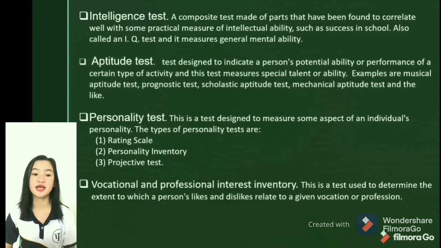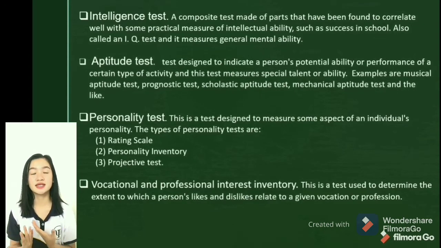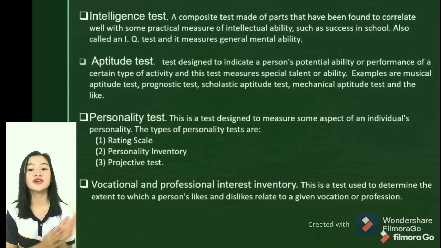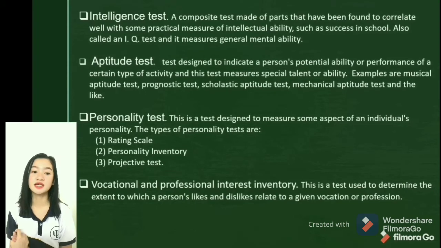The next one is personality inventory. This is a measuring device for determining an individual's personal characteristics, such as emotional adjustment or tendencies toward introversion or extroversion, whether he or she is outgoing or otherwise.